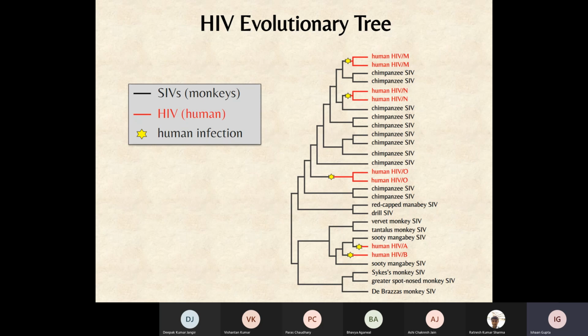If you take the sequence of HIV strains isolated from lots of primates, so humans, chimpanzees, and different kinds of monkeys, this is simian immunodeficiency virus. So the HIV in monkeys is called SIV.